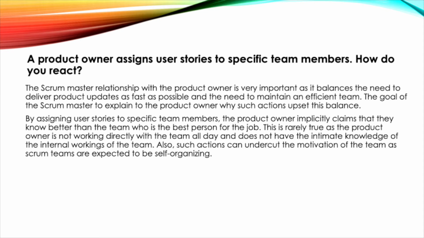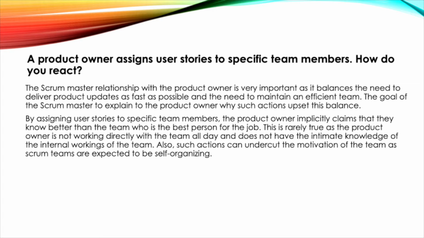A product owner assigns user stories to specific team members. How do you react? The Scrum Master relationship with the product owner is very important as it balances the need to deliver product updates as fast as possible and the need to maintain an efficient team. The goal of the Scrum Master is to explain to the product owner why such actions upset this balance.